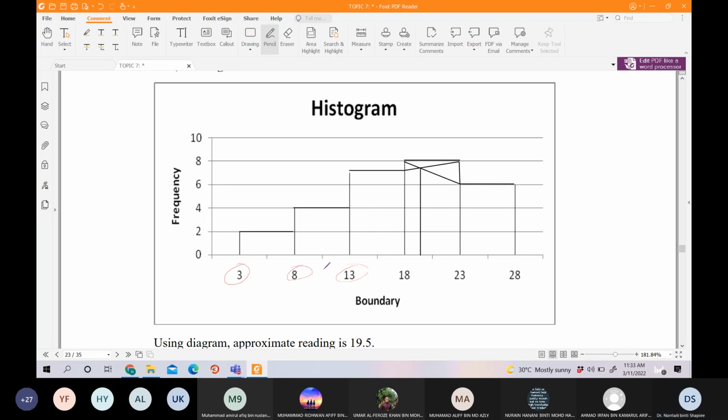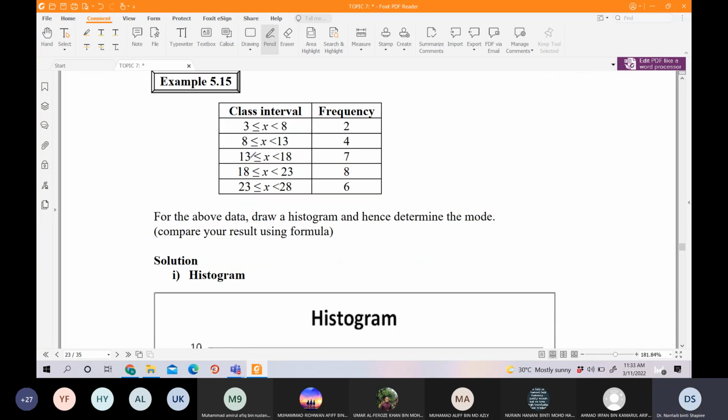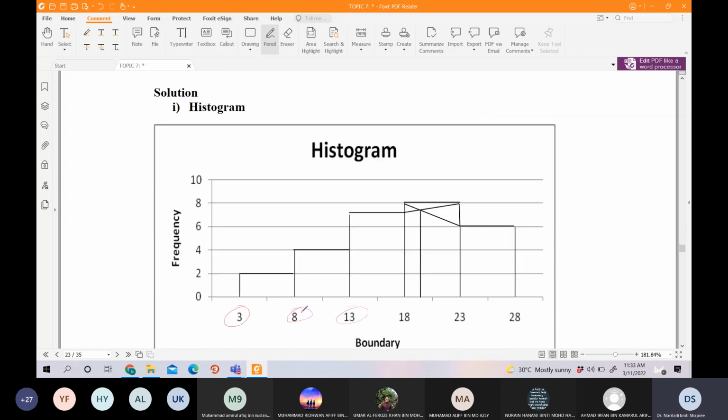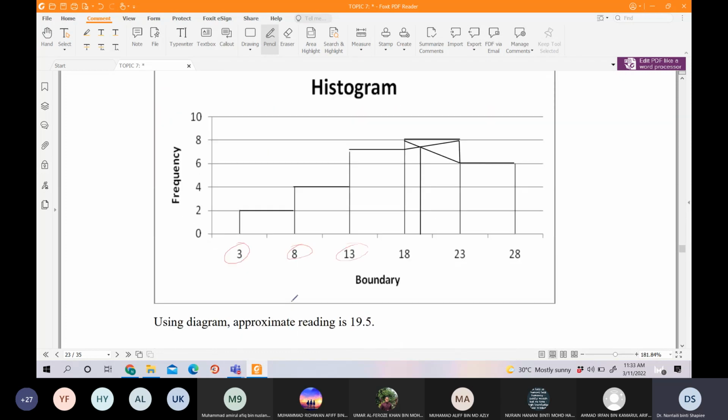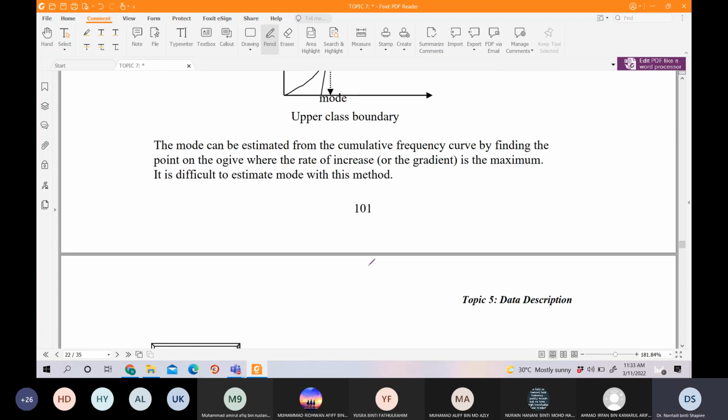What do you understand? Husna Insyirah. Betul tak kita plot ni, histogram ni, kita guna ni. 3, 8, 13, 18, 23. Sini, dekat sini. Sebelum ni kalau kita belajar histogram, kita nak plot, kita pakai apa?